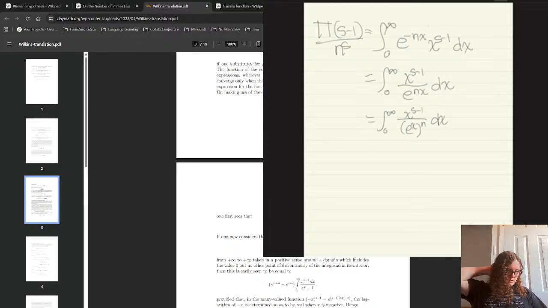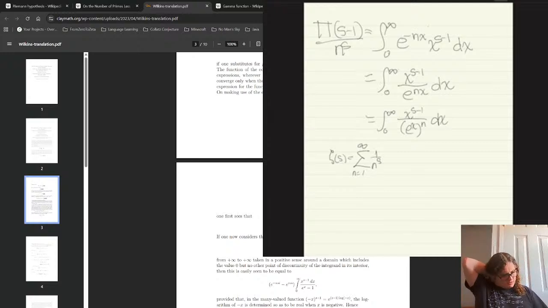Now, recall that zeta of s is the sum of 1 over n to the s from n equals 1 to infinity.